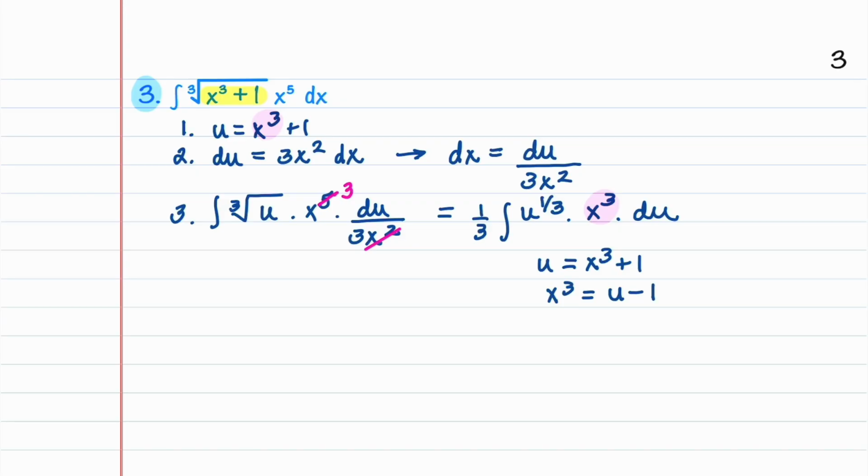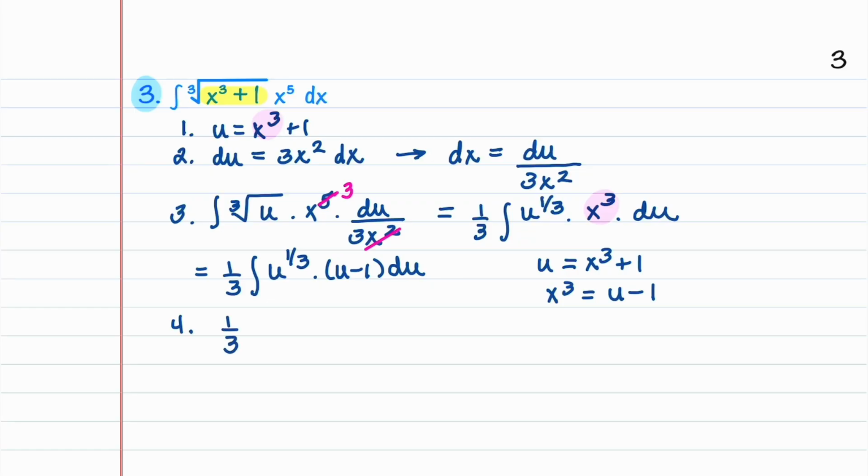That's called back substitution. Let's see what this gives us. We have 1/3 times the integral u to the 1/3 times x cubed, which we just found was u minus 1, du. Now we can go on to step 4 and do the integration.